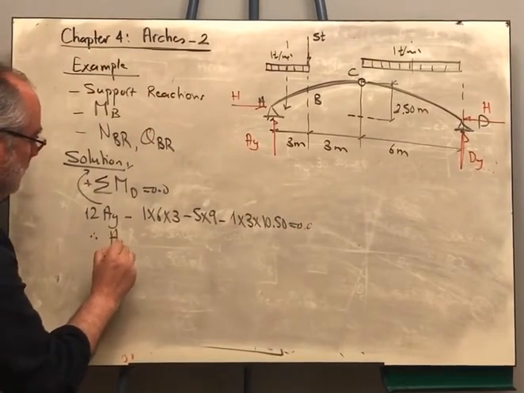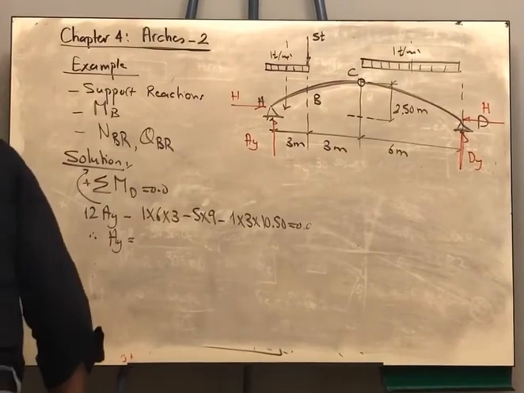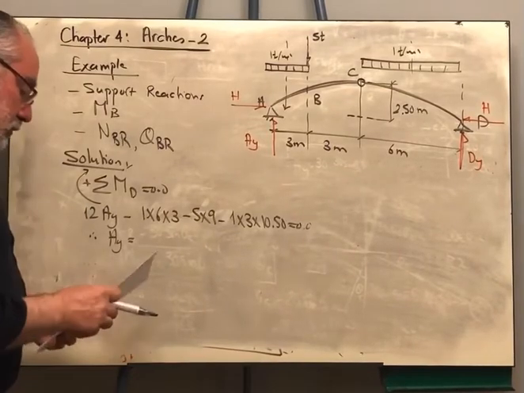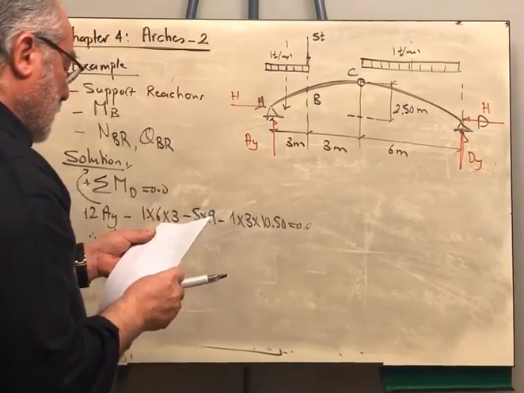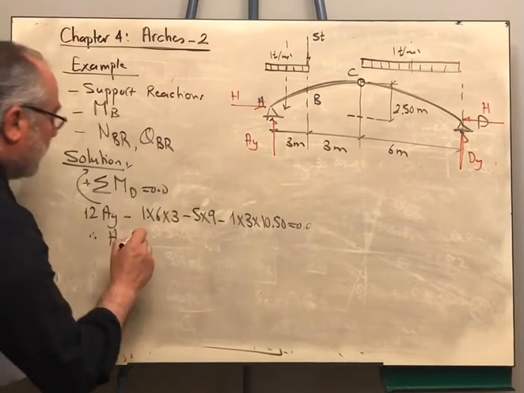From there, the value of AY will be equal to 7.875 ton.